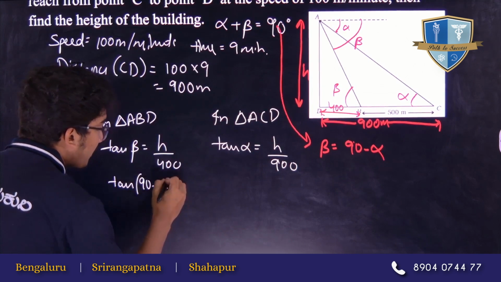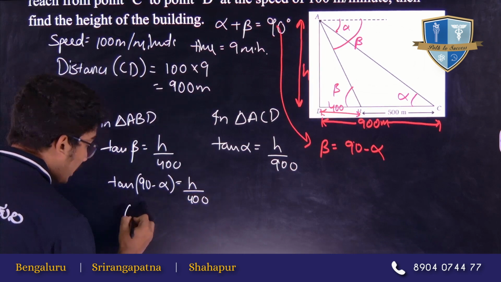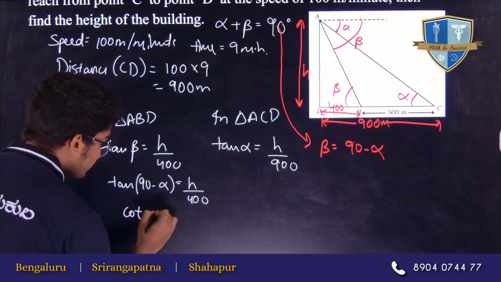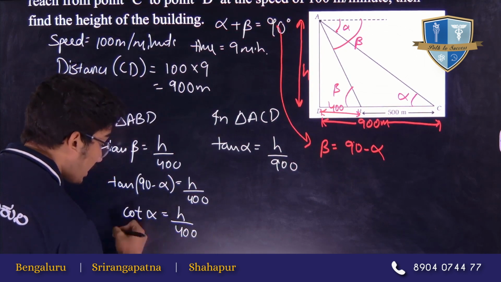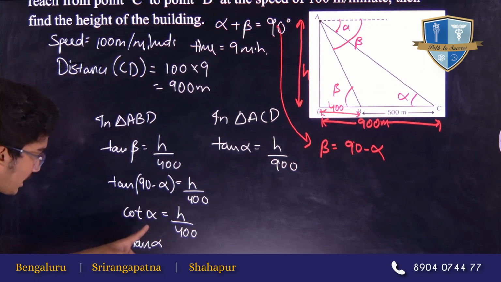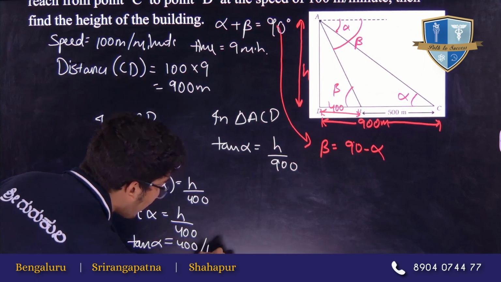Tan of 90 minus alpha is equal to h upon 400, which means cot alpha is equal to h upon 400. Cot alpha is 1 upon tan alpha. So tan alpha will be equal to the reciprocal of this, which is 400 divided by h.